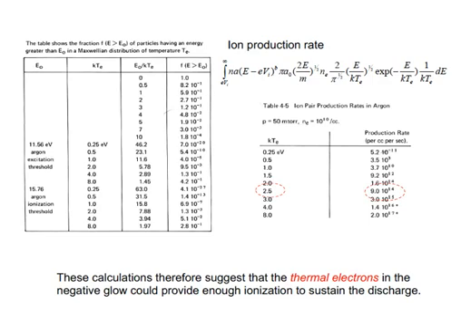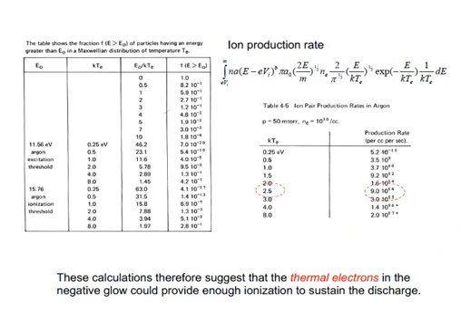And if the electron energy is 8 electron volt, then 28% of the electrons belong to the high energy tail. Okay, and the other table on the right side.